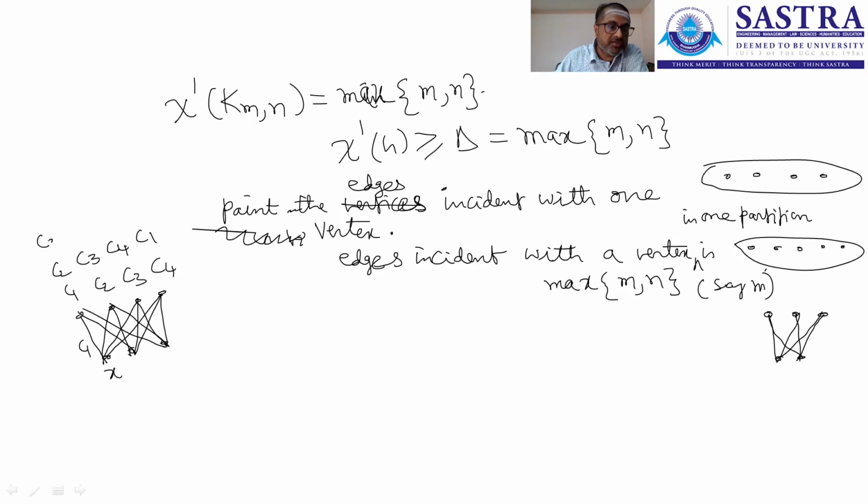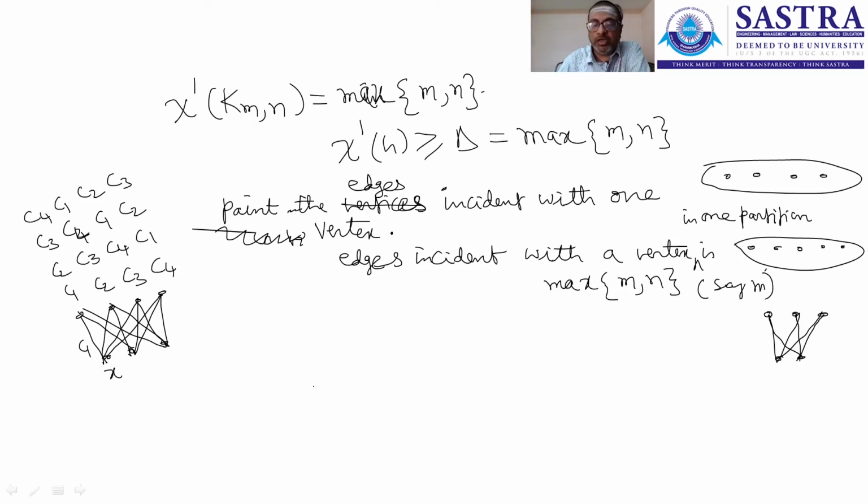Next you take C3, C4, C1, C2. Next C4, C1, C2, C3. This would be a maximum coloring. So now if you look at this, each color class will have 4 colors.